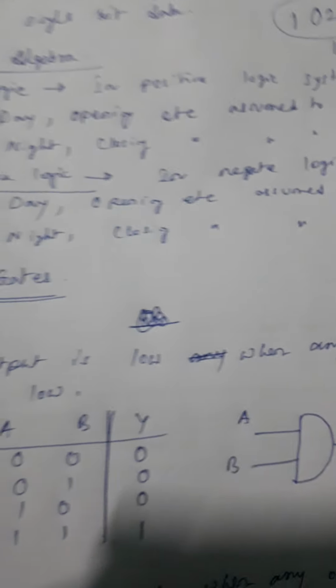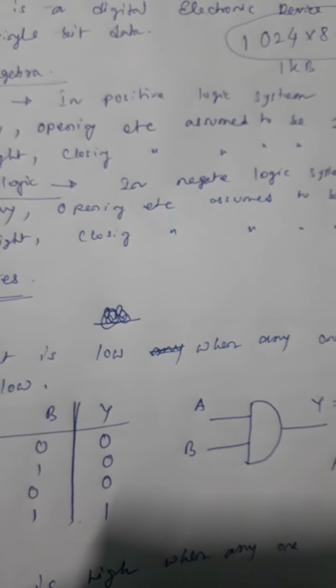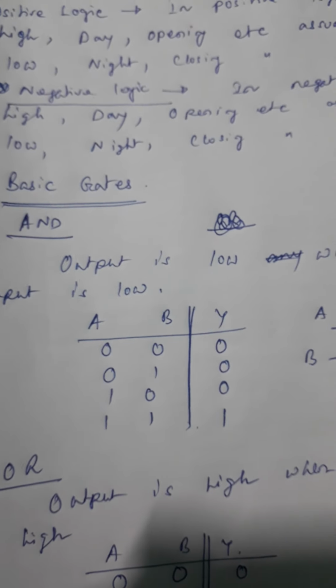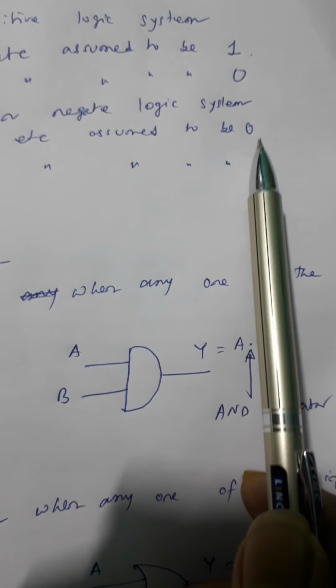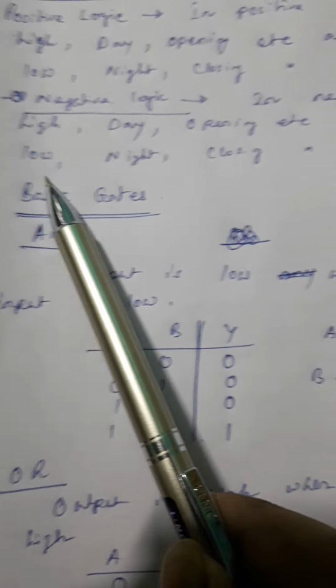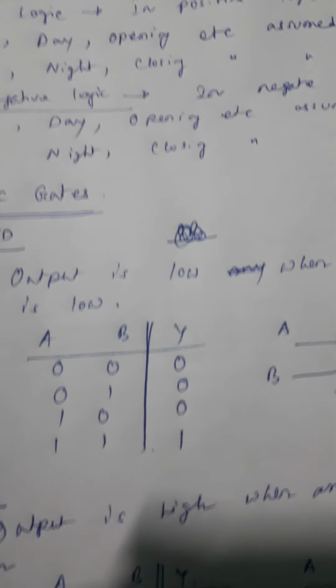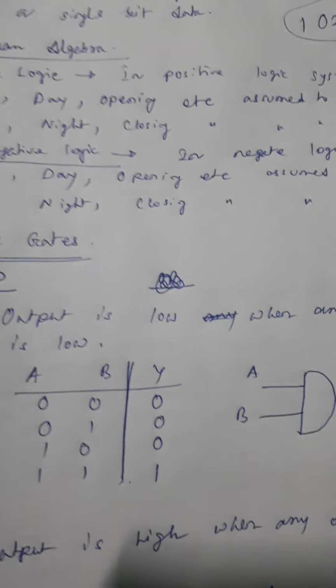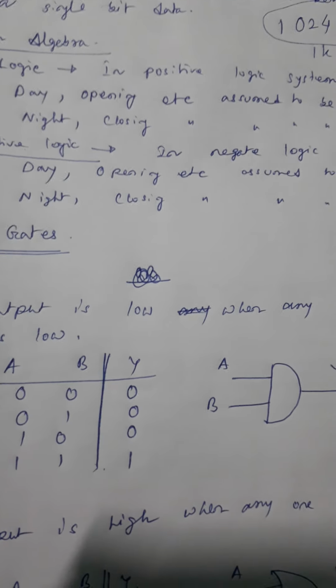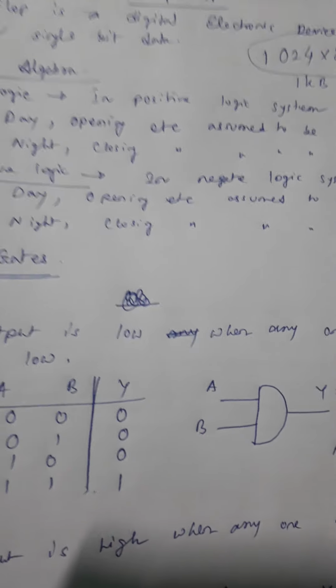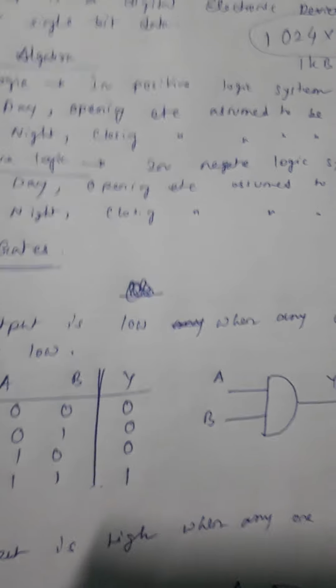That is the positive logic only. In negative logic, the scenario changes. In negative logic, high is 0 and low is 1. Right? So any device can have its own complementary logic device.